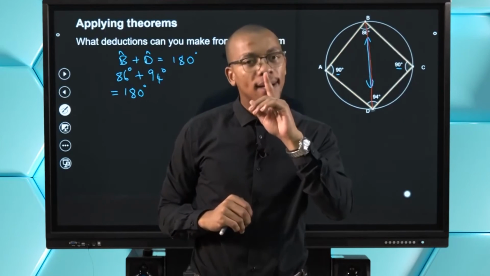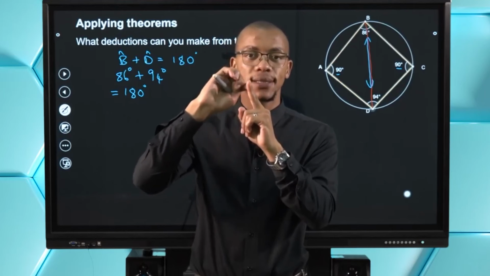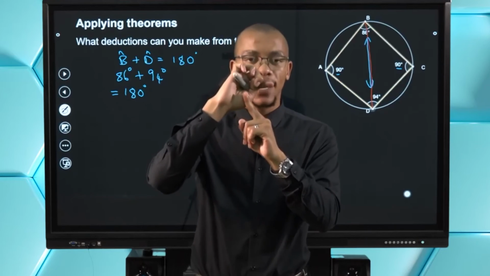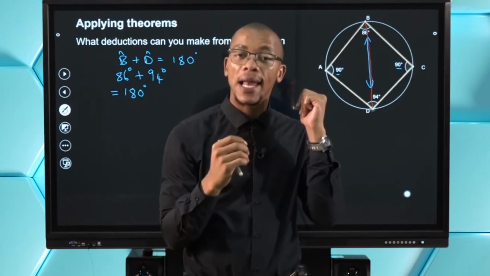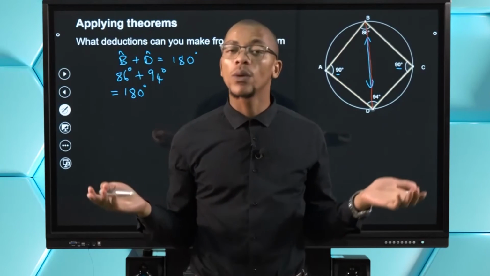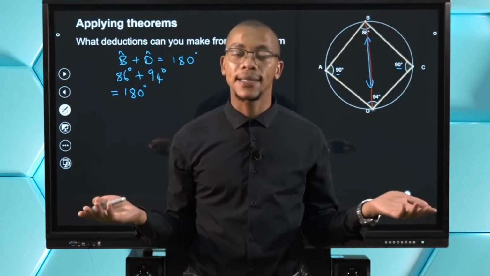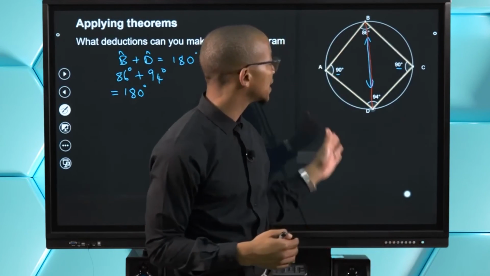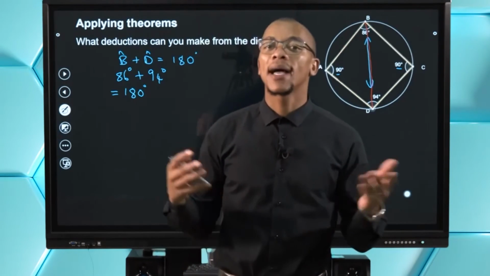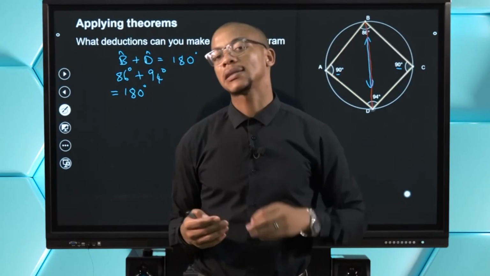Because remember the theorem that we did: a diameter subtends a 90-degree angle on the circumference. So on either side of this line that I just drew, those angles are 90 degrees, therefore the line, in this instance line BD, will be my diameter. So line BD will pass through the center of the circle.